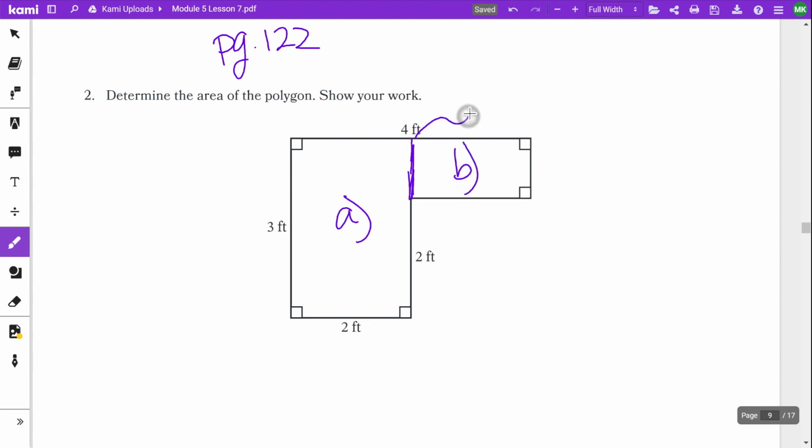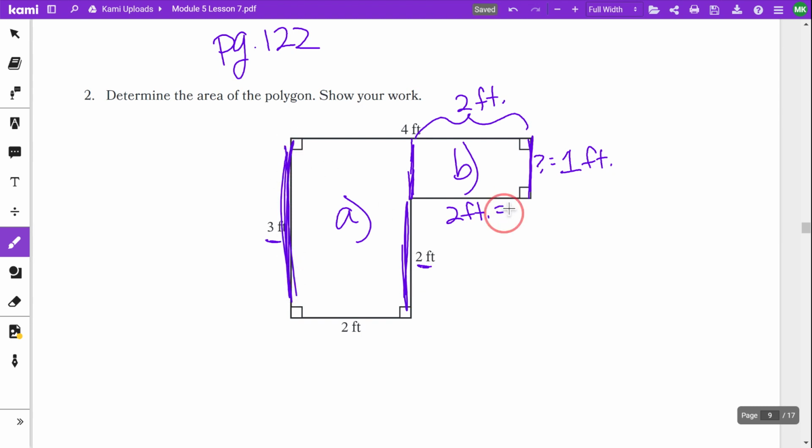Still knowing from here to here is 2 feet, because that's important. I need that. So that's 2 feet there. And I also need this side. If it's 2 feet and the whole side is 3 feet, this piece has to be 1 foot, because 1 plus 2 gives me that full 3.